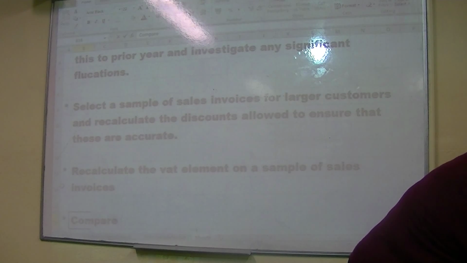Okay, compare last year's revenue with this year's figure.